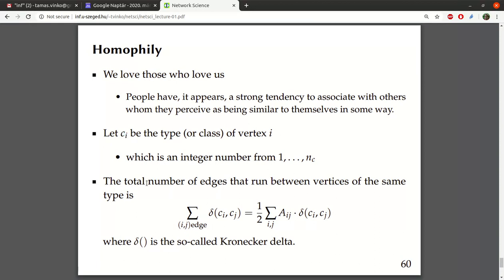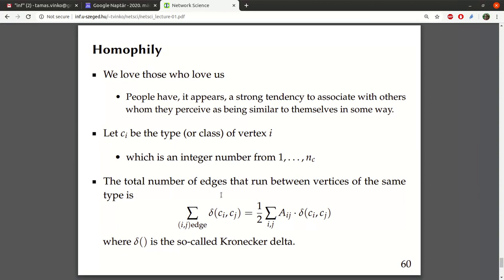And now let's see how we can calculate the total number of edges that run between vertices of the same type. For this we are going to use the so-called Kronecker delta function, which does the following. It has two input values, and if they are the same, then the Kronecker delta returns 1, and if they are different, then it returns 0.